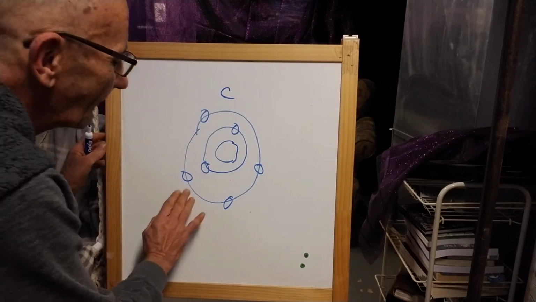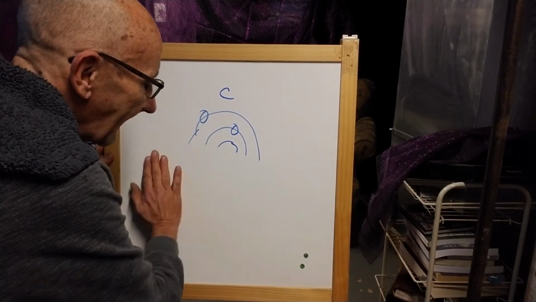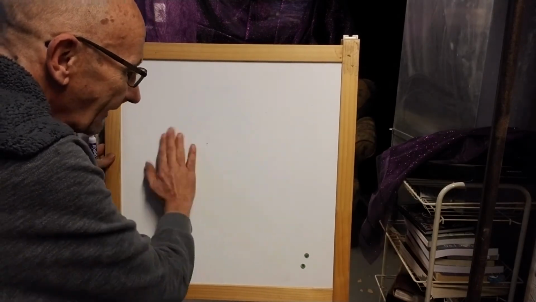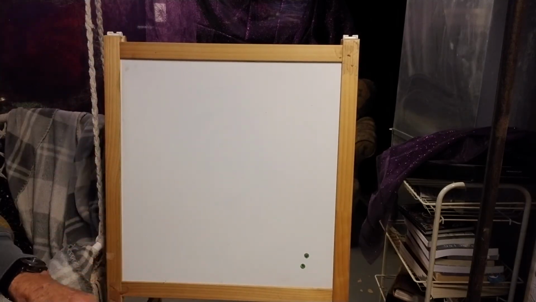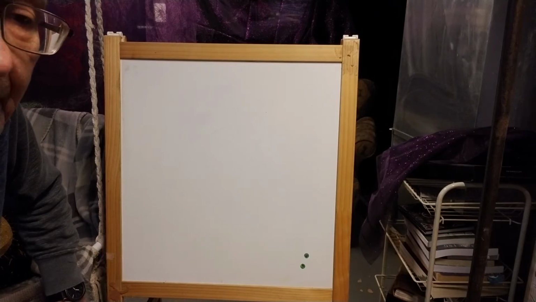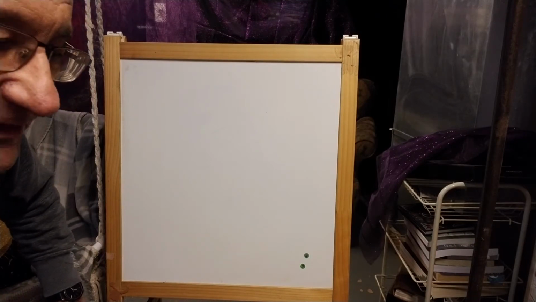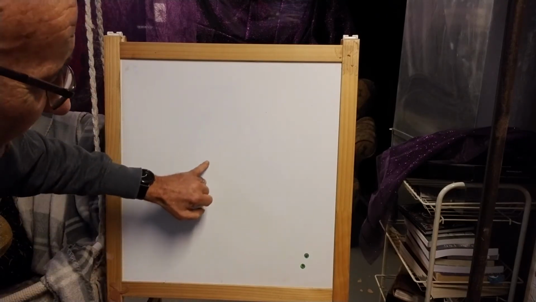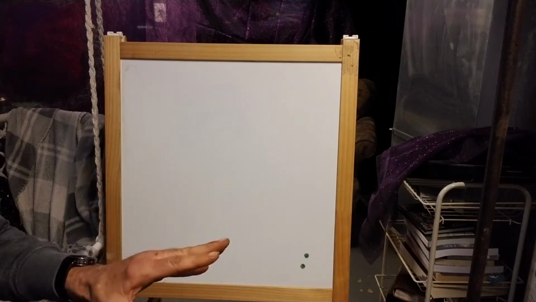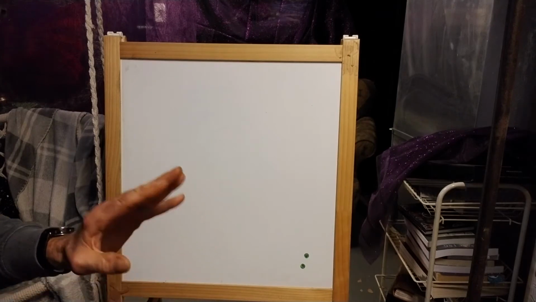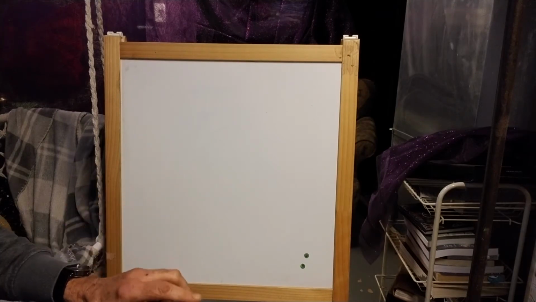But when it comes to chemistry and biochemistry and everything else that we talk about with metaphysics, what matters is not that inner shell of 2. The only thing that matters is the outer shell, because that's where everything chemical happens.